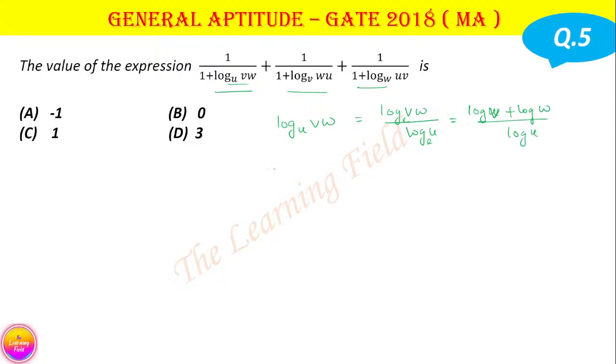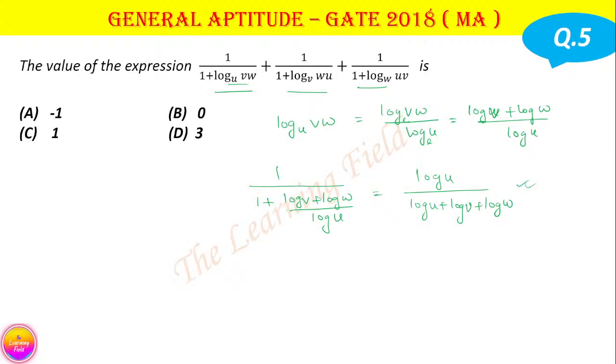So the first term is 1 plus log of v plus log of w by log of u, which equals log u by log u plus log v plus log of w. This is the simplification of the first term.